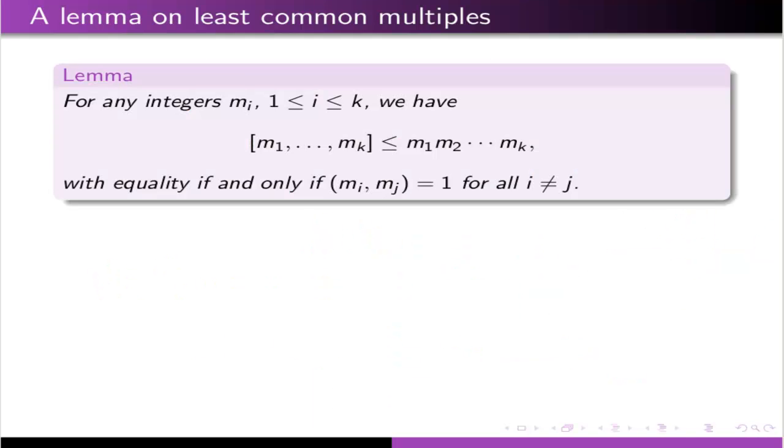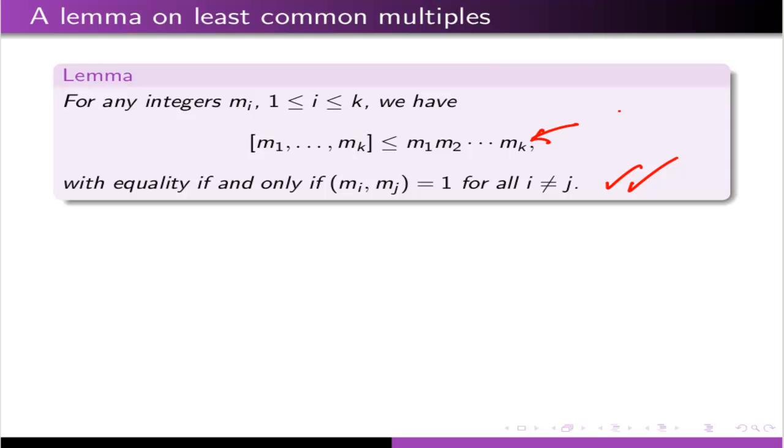Okay, so to address the question, let's first of all look at a lemma on least common multiples. For any integers m_i, I claim that the least common multiple of m_1 through m_k is at most the product of the moduli, with equality if and only if the moduli are pairwise relatively prime. It's the second part here that's really the significance.